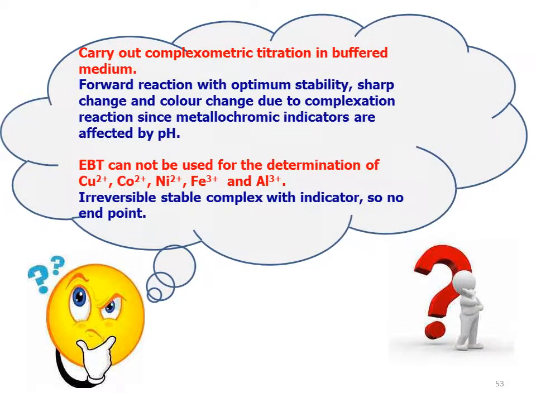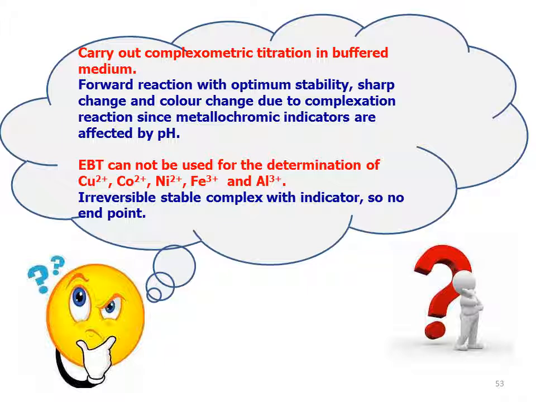Question: why should we carry out complexometric titration in buffered medium? We should state two answers. The first answer is to consume the hydrogen liberated from the reaction between the central metal ion and the EDTA. Why?